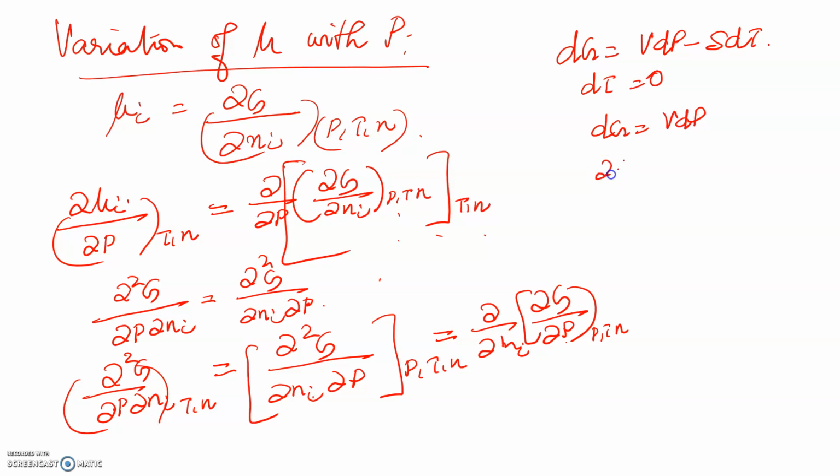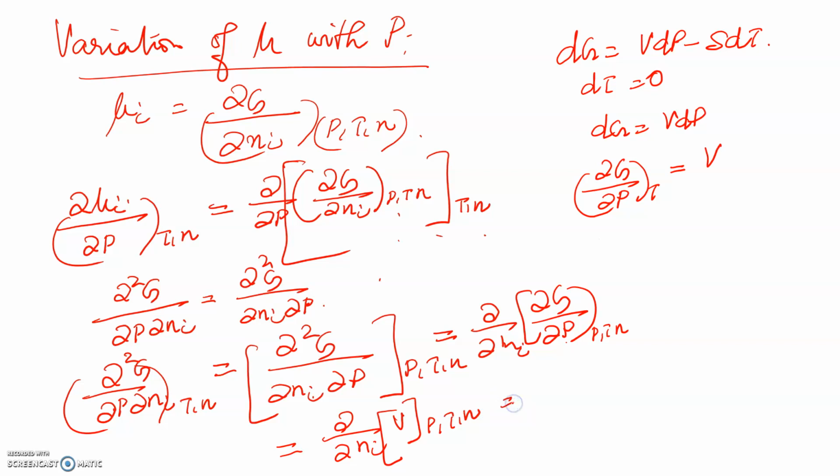From this, dou G by dou P at constant temperature will be equal to V. Substituting this, we have dou by dou Ni of V at constant pressure, temperature and number of moles. This is dou V by dou Ni at constant pressure, temperature and number of moles.